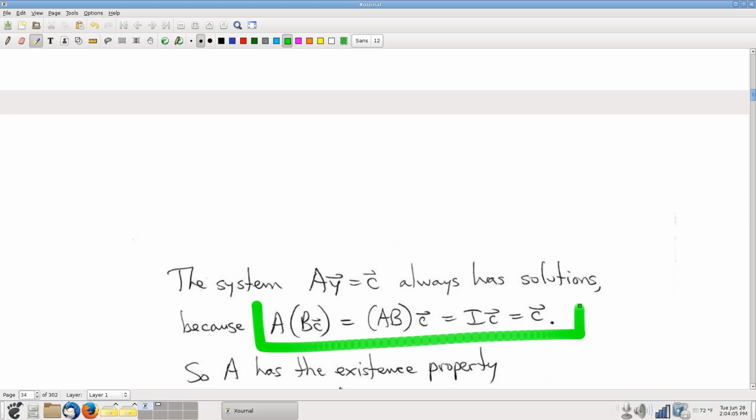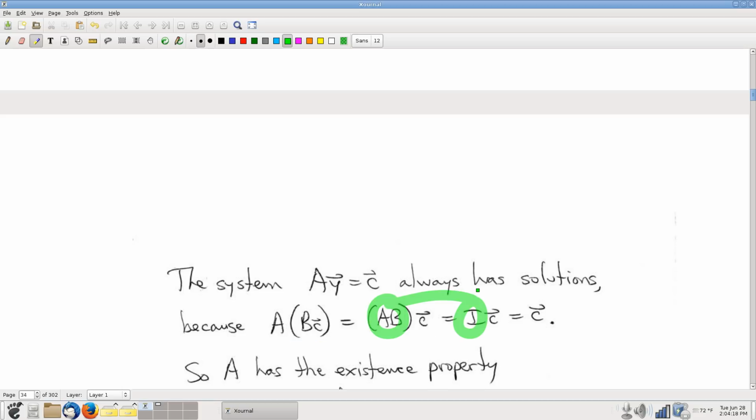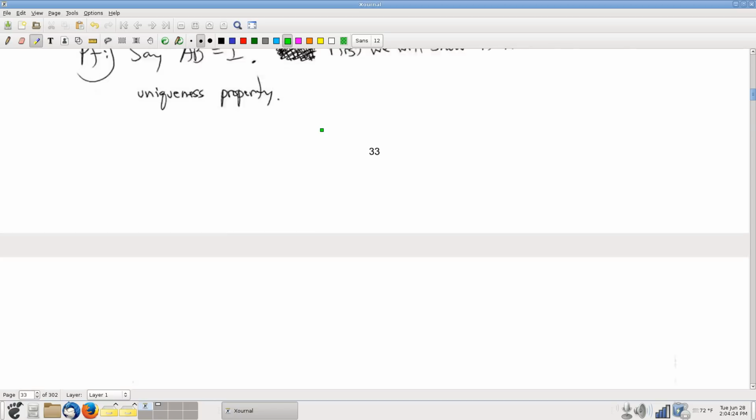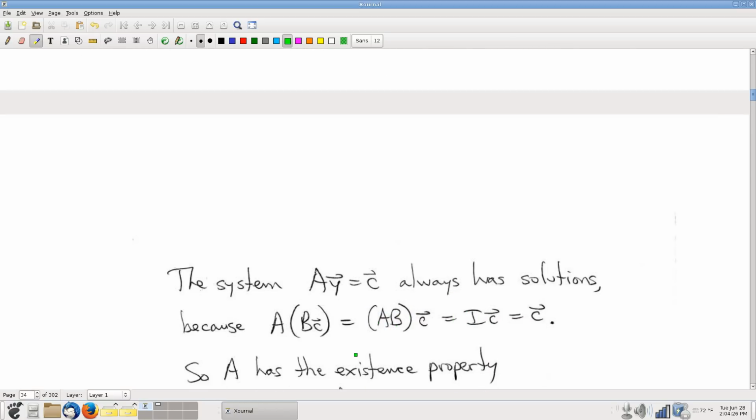And this algebra here, we'll see in a moment, actually demonstrates this. Now, first of all, let's follow through this algebra. This product is equal to that product. AB is the identity by assumption. We're given that AB is the identity. And therefore I get C.